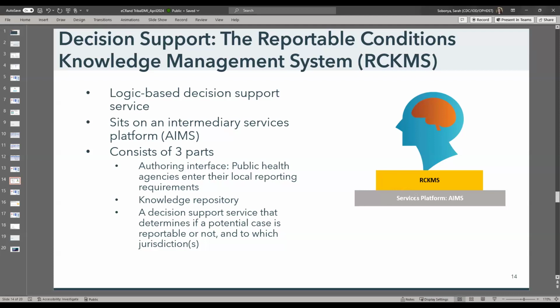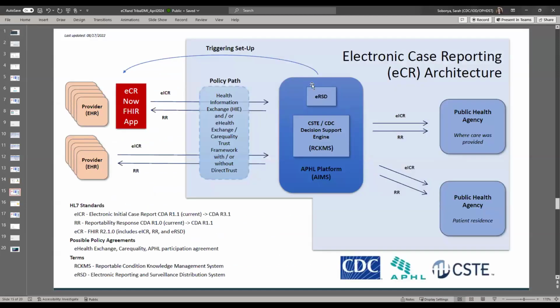So then if a report came through that was triggered on those COVID triggers, like a diagnosis of COVID, it would get to this intermediary platform and say, oh, this person lives in this jurisdiction, but they're not hospitalized. And in this jurisdiction, COVID is only reportable to the public health agency if the patient is hospitalized. So that's what's happening on this platform.